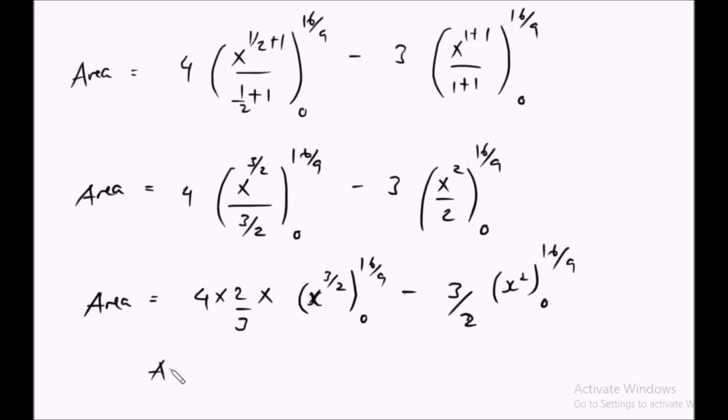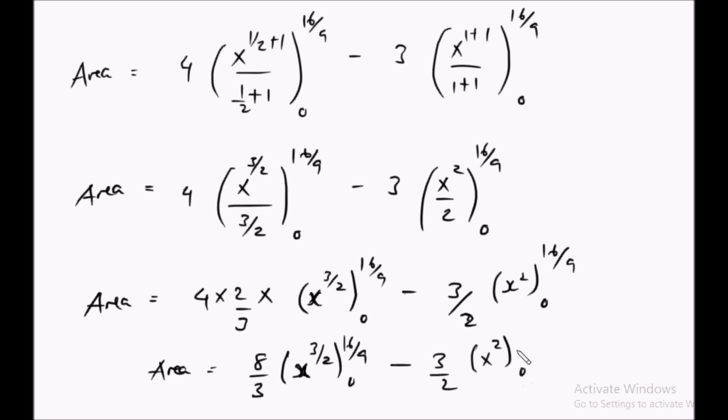So you can see here that the area now is going to become 8/3 times x power 3/2 from 0 to 16/9, minus 3/2 times x squared from 0 to 16/9.